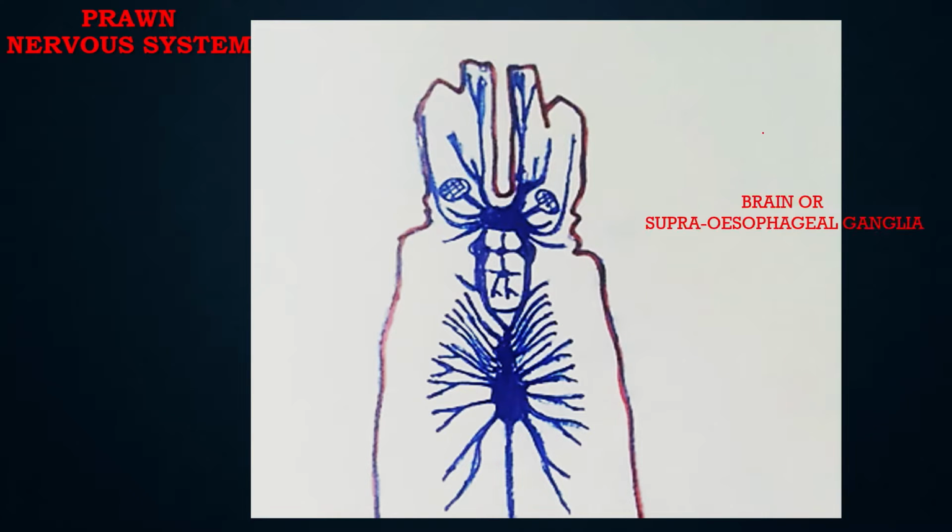Let us see the first part of the nervous system of the prawn, that is the brain, or the supraesophageal ganglia.